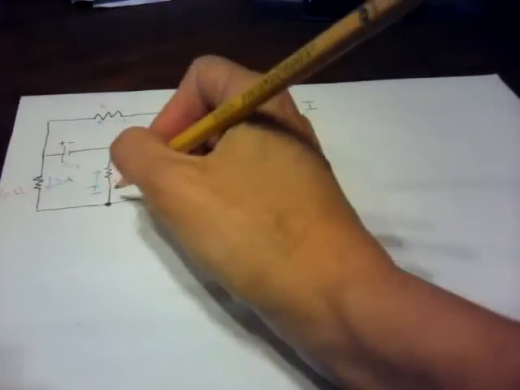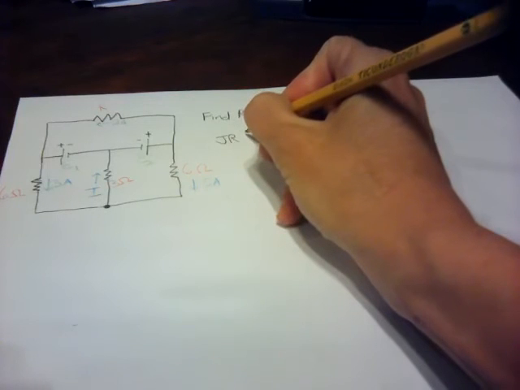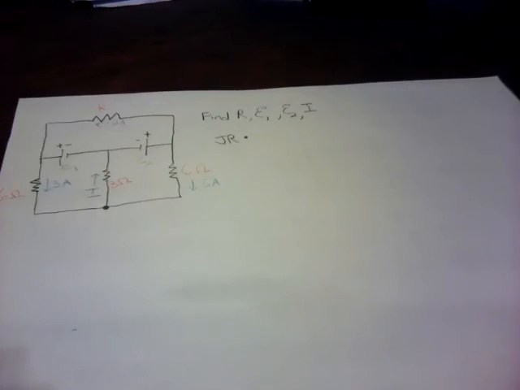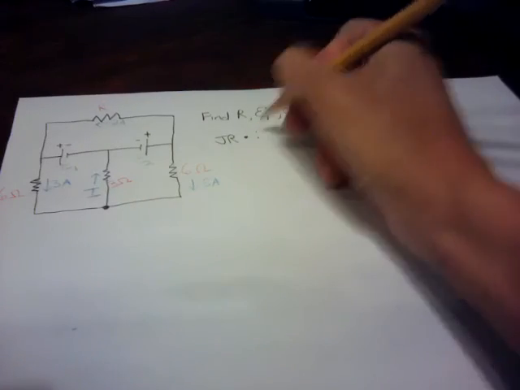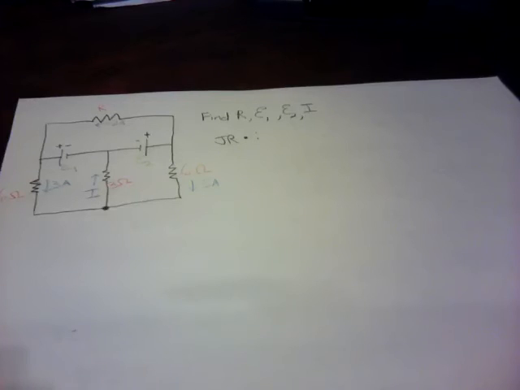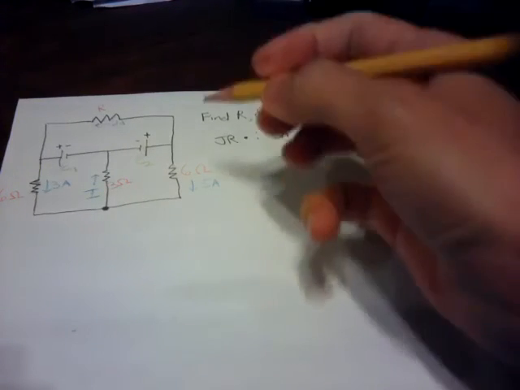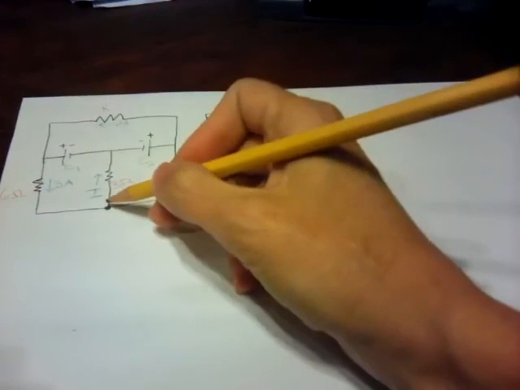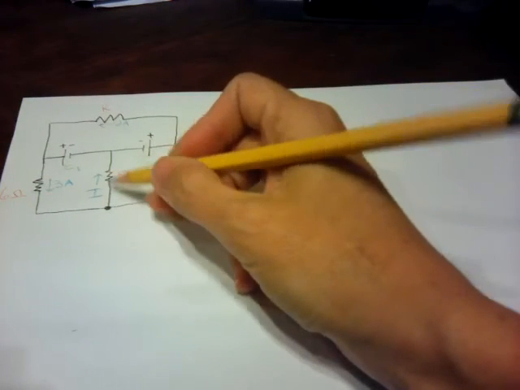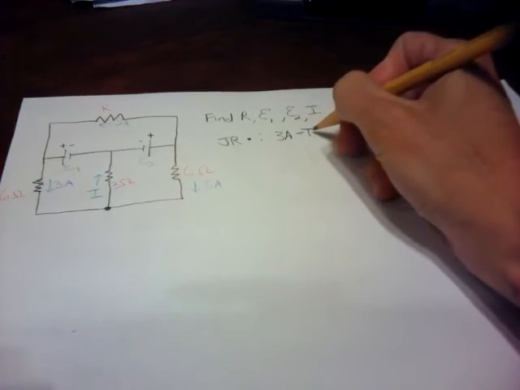So let's apply the junction rule, JR, to the junction that I've indicated with a dot. I see that I've got 3 amps of current coming into the junction. For coming into the junction, we give that a positive sign. I've got my unknown I current leaving the junction. Leaving the junction gets a minus sign.